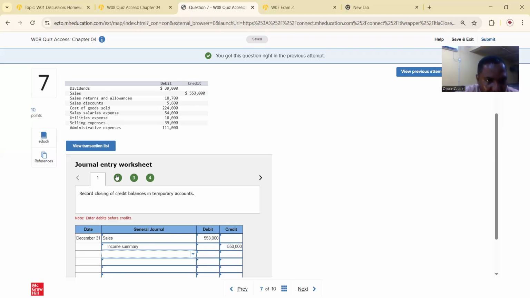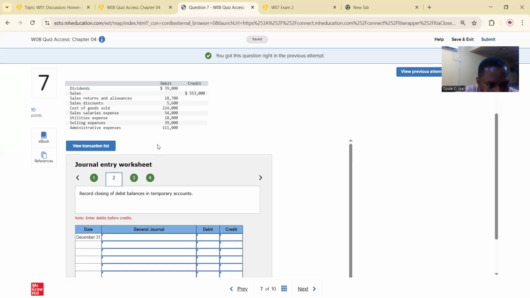The next requirement is to record closing of debit balances in temporary accounts. The debit balances, as we can see here, are the expenses. For a service company, we go straight to the expenses, but it is not so with merchandising companies. For a merchandising company, the first three accounts to be closed are sales returns and allowances, sales discounts, and cost of goods sold.